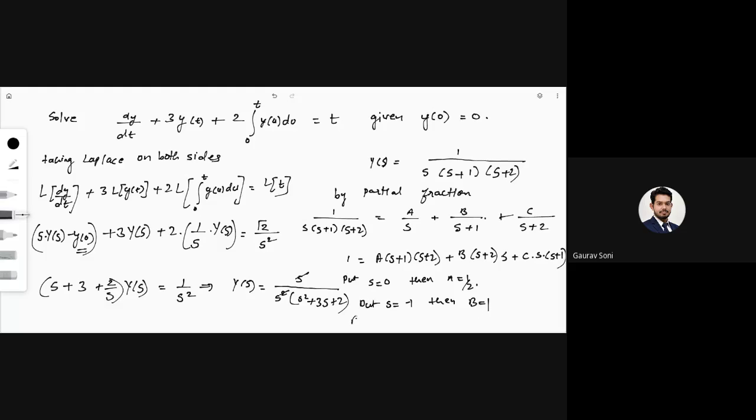Then we will put s is equal to minus 2. Then you will get the value of c, which is plus 1 by 2. Put the values over here.